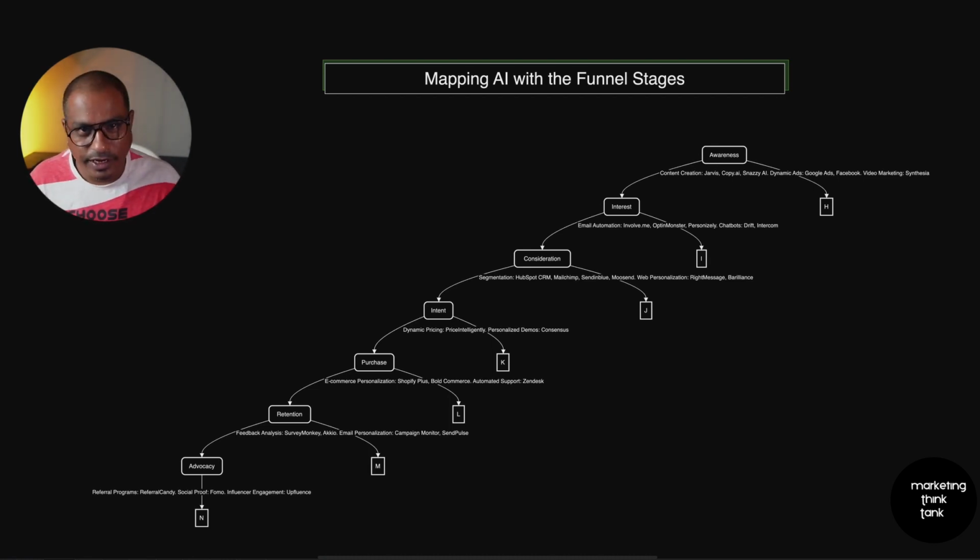Now, once that is done, where you have personalized, you can go ahead and understand how people behave, right? You can understand how much of the content people are interacting with. You can also leverage dynamic pricing, which means when people are coming from a location like India, you can show a lower price.